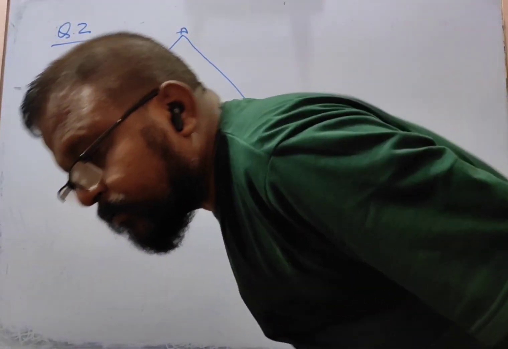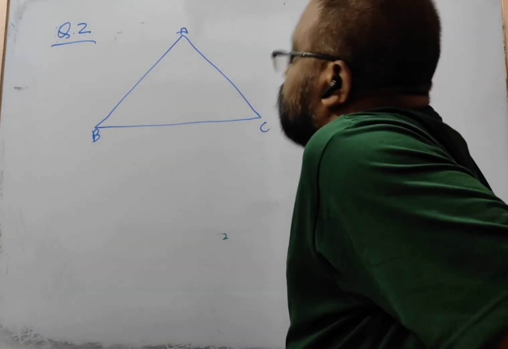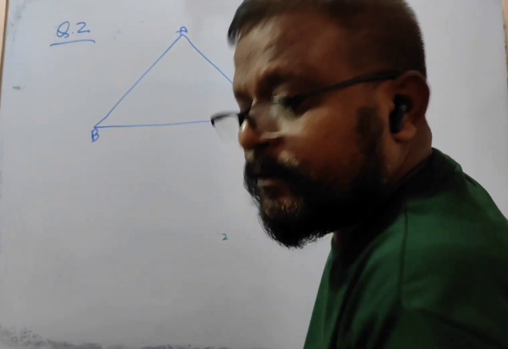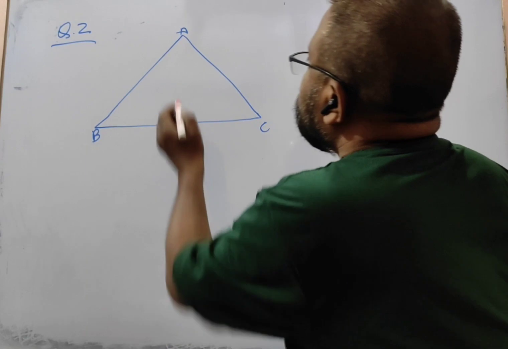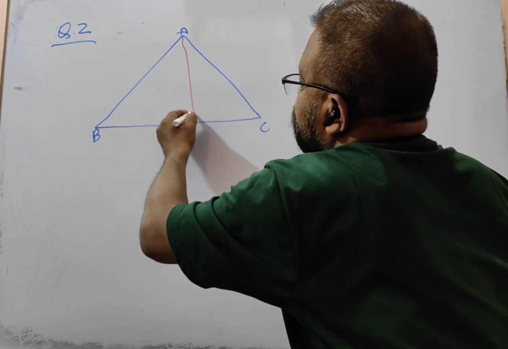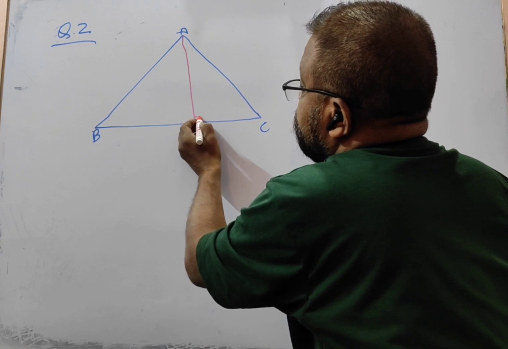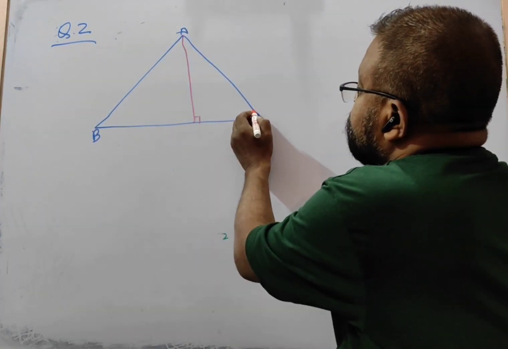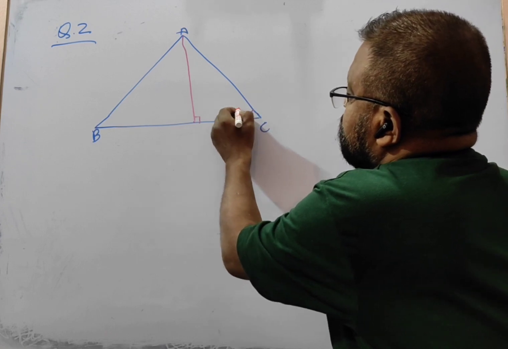Now there is a line perpendicular. This is the perpendicular from A to BC. This is of 90 degrees, right? This angle is of 60 degrees, right?